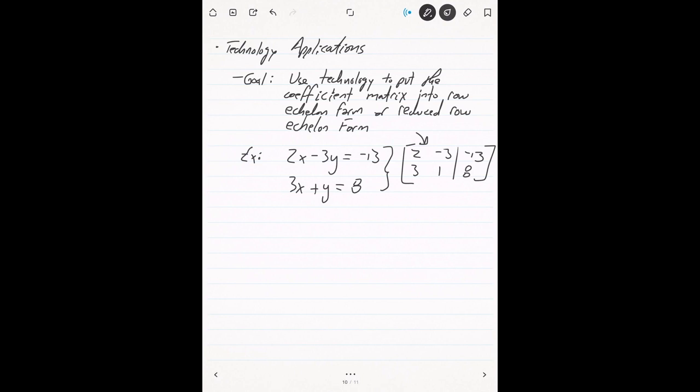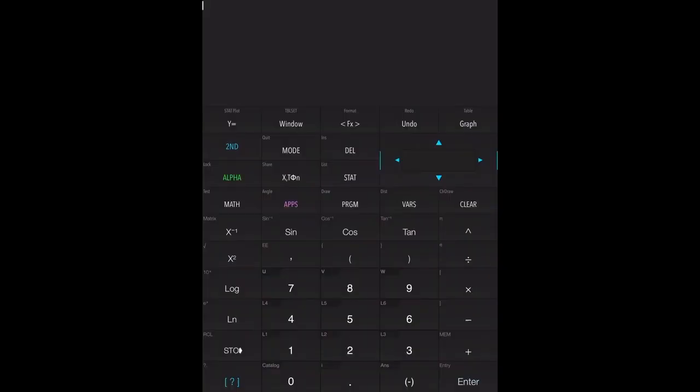Let's use some technology. So I'm using a calculator app here that really is trying to mimic the TI-84 and other Texas Instruments graphing calculators. What you can do with your graphing calculator is this. We want to access the matrix menu. See right here on the left-hand side, this button for matrix.